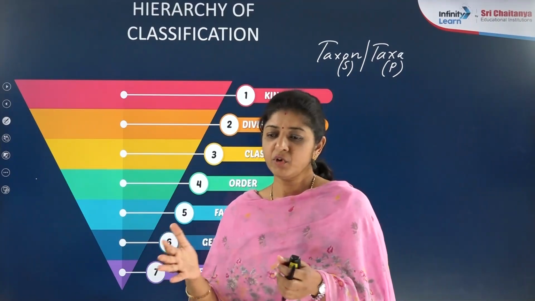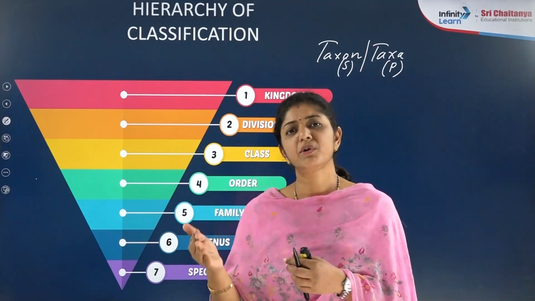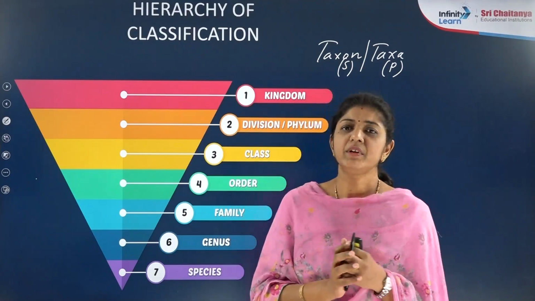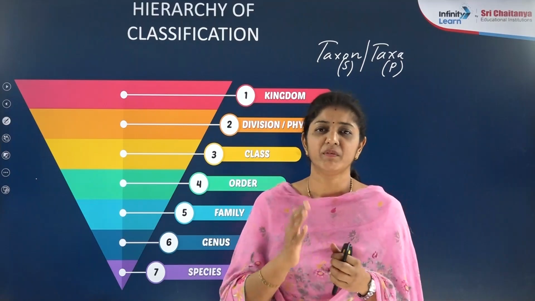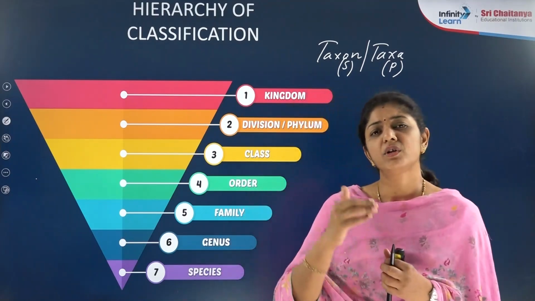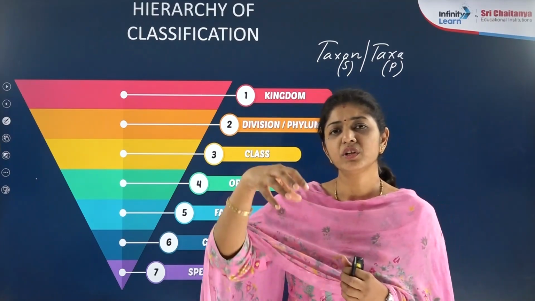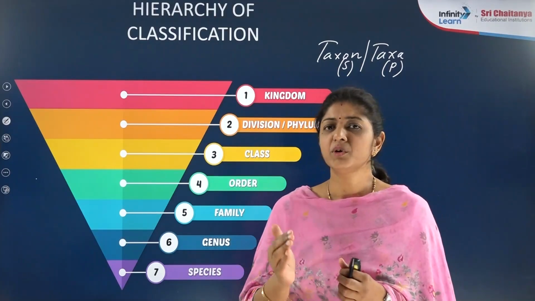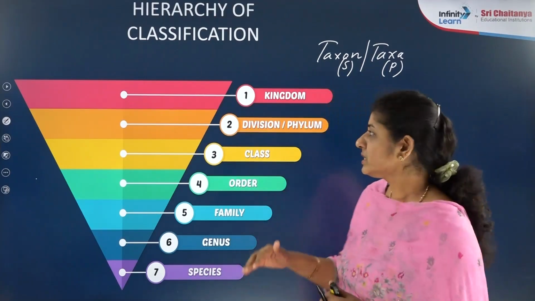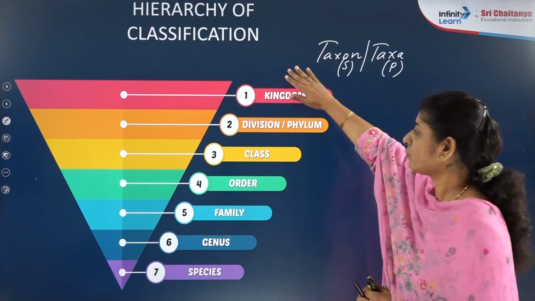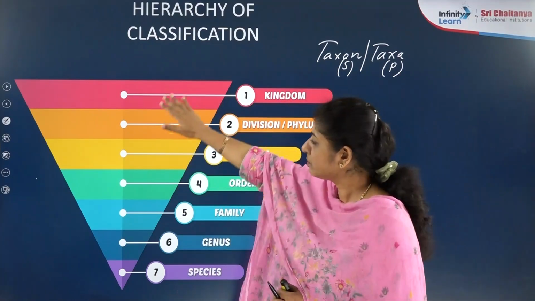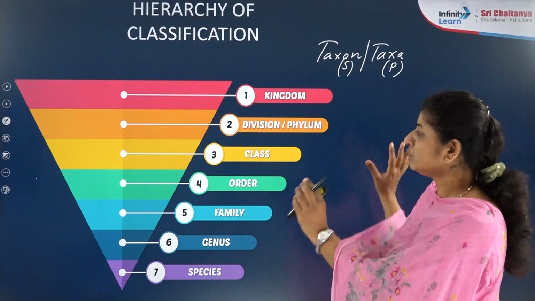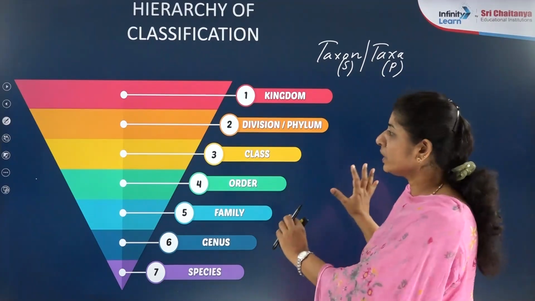Then on the country level, the number of organisms will decrease, then the state level, then the town or city level. If you go to the lowest of the hierarchy, the number of organisms will decrease. In the same way, in classification, if you move from higher to lower, the number of organisms will keep on decreasing.